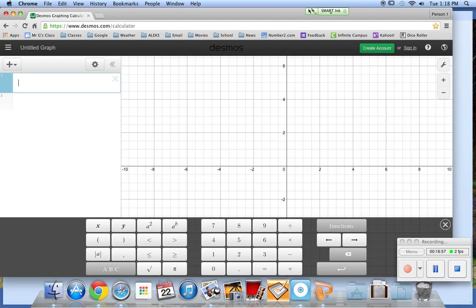And this is slick. If I want to graph an equation, I put it right in here. I just type y equals 3x plus 1. And it graphs that equation.